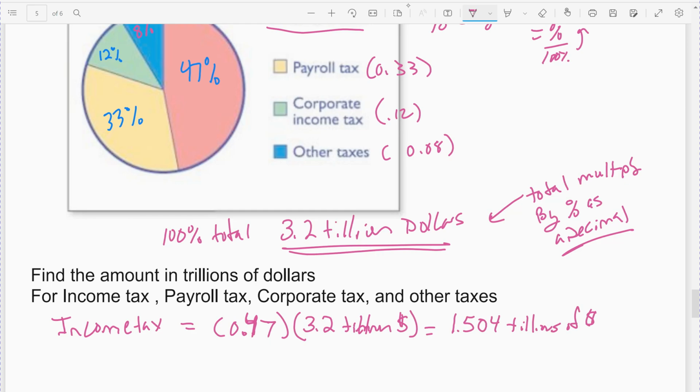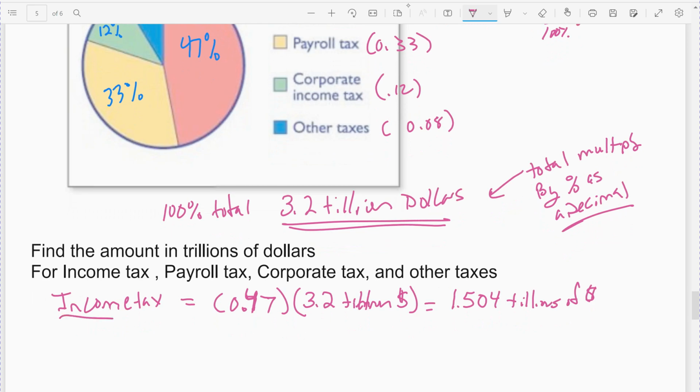It's almost 1.5, but I'm going to leave it exact. It's exactly $1.504 trillion. If you want to check your answer, take that 1.504 and divide it by the total, and you should get 47%.